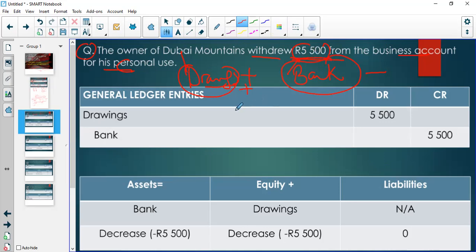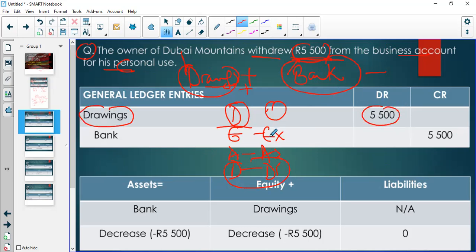And if you remember the debit rule, these are the accounts which you debit if they increase: your expenses, your assets, your drawings. So in this case, the drawings have increased, so you have to debit the drawings account with 5,500.